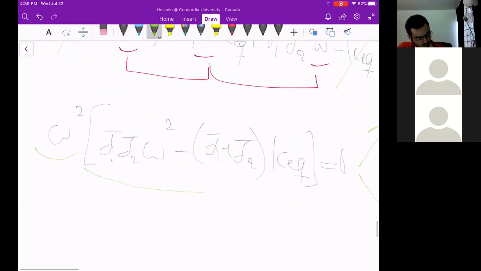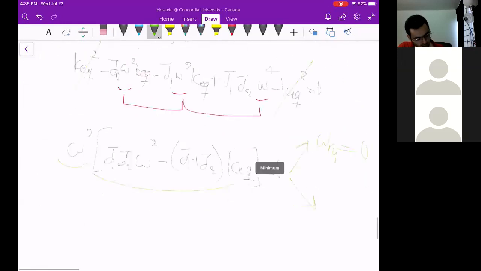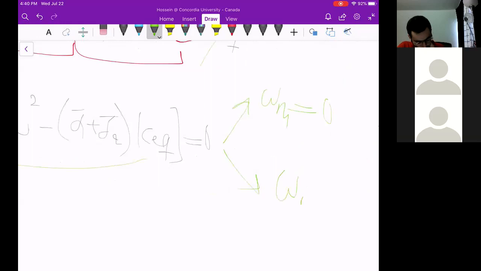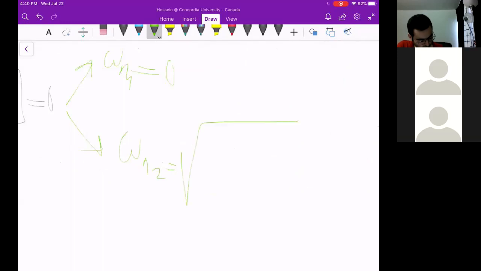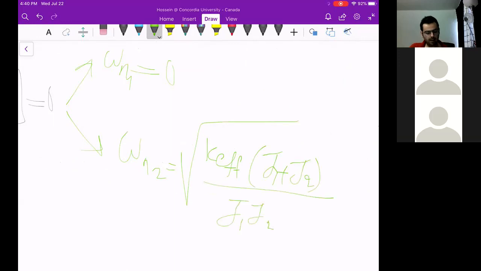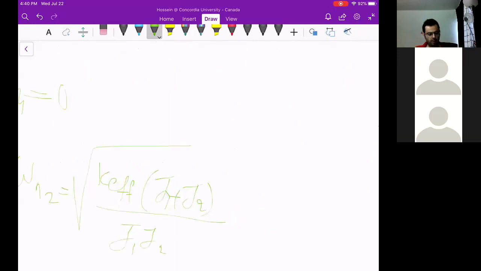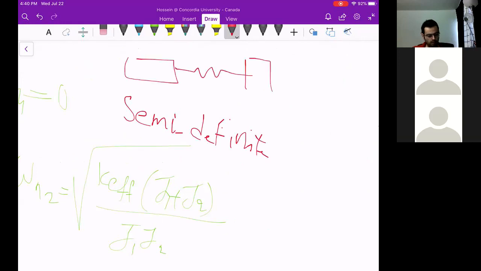If the right term is 0, then the second natural frequency would be square root of K effective or equivalent times J1 plus J2 over J1 J2. When one of the natural frequencies of the system is 0, we call it a semi-definite system, like an airplane, like a train. So one of the natural frequencies is 0 for this.